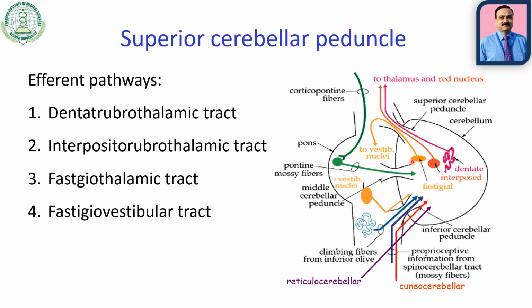Then the fastigiothalamic tract. Again you can see this is the fastigial nucleus, and from here it goes to the thalamus. And again the fastigio-vestibular tract, from fastigial to the vestibular nuclei, which are present in the lateral part of the floor of the fourth ventricle.